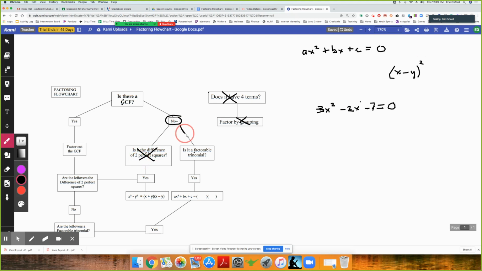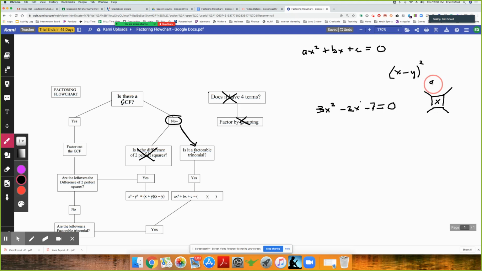So now we're brought over to this situation. Is it a factorable trinomial? We've been using a visual to see if it's factorable, and this little strategy is called the X box. In the middle here is just the x term, the x variable.